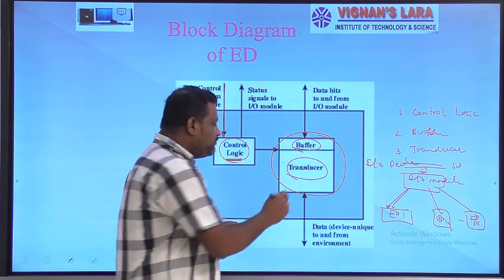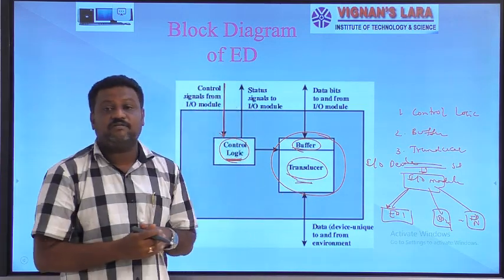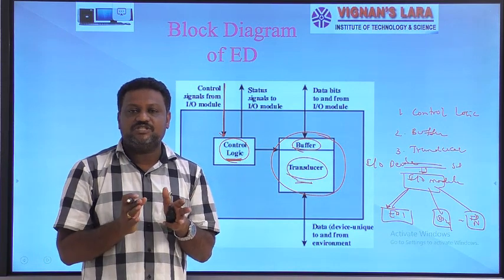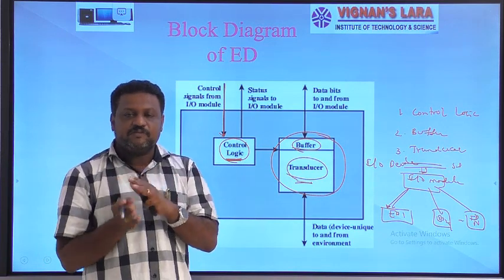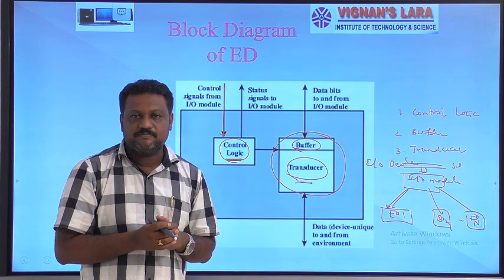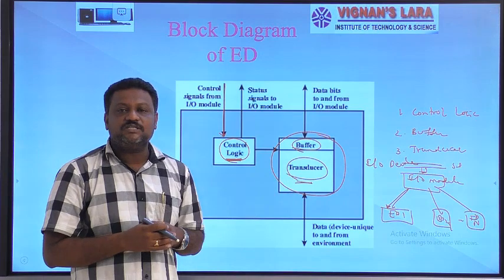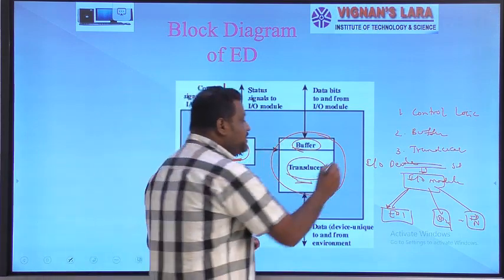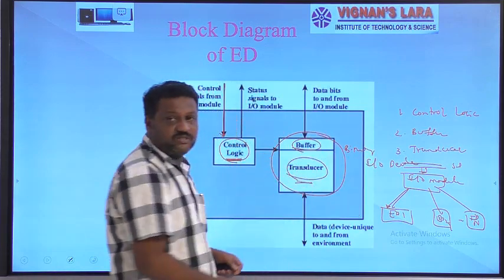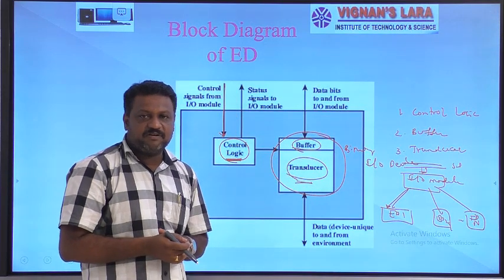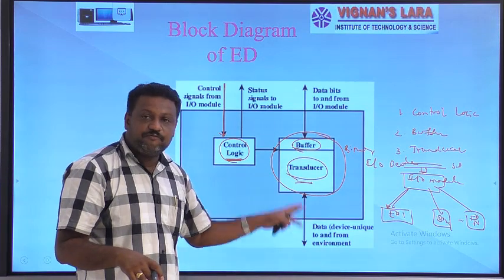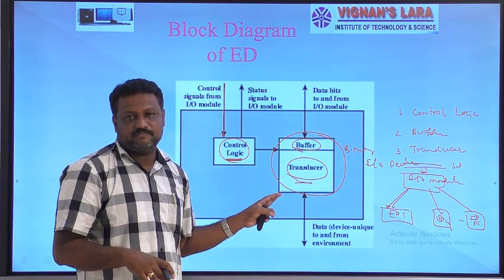Later we have one more block, which is called a transducer. The job of a transducer is to convert information from one form to another. That is the general job of a transducer. Here, the transducer converts the binary information already present in the buffer into the required form for the external device.